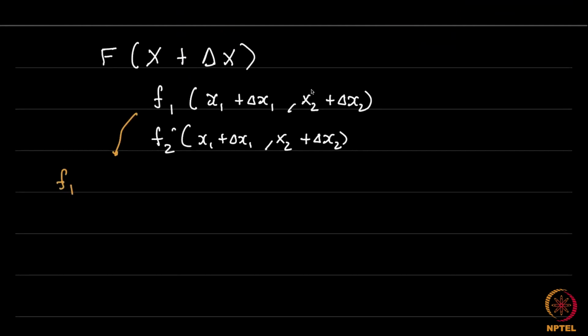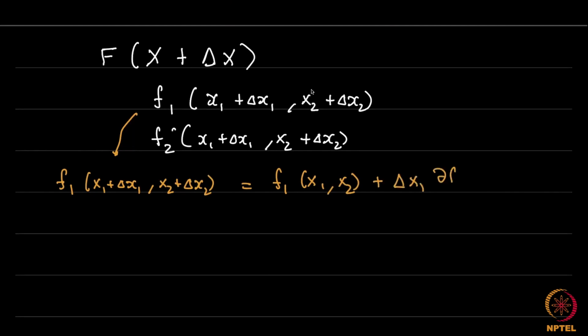So f1 at this new position, x1 plus delta x1, comma x2 plus delta x2, is going to be f1 at the old place, x1, x2, plus delta x1 del f1 del x1. However much f1 changes just because x1 has changed. Similarly, delta x2 times however much this function changes with x2.